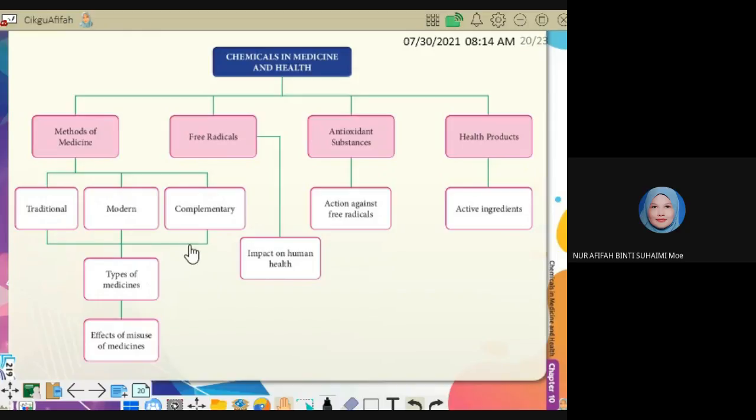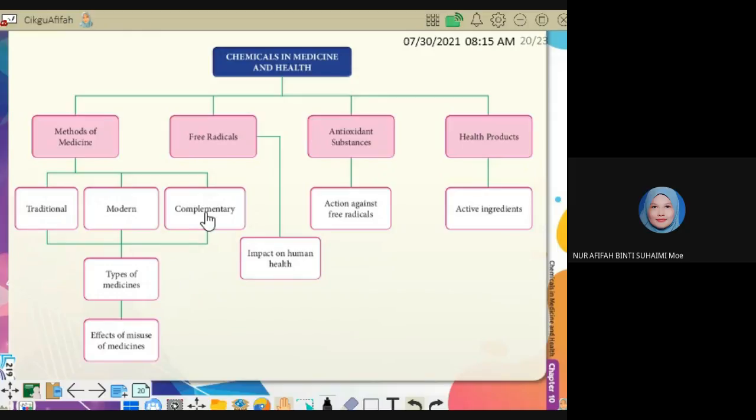Then we have chiropractic, to correct your bone position. Then we have massage, traditional massage, using your hand, finger, to relieve pain, to relieve muscle tension.